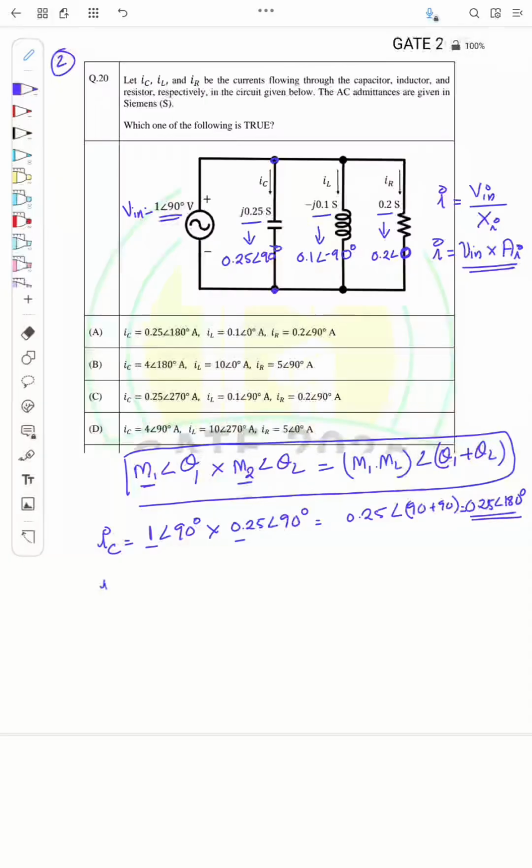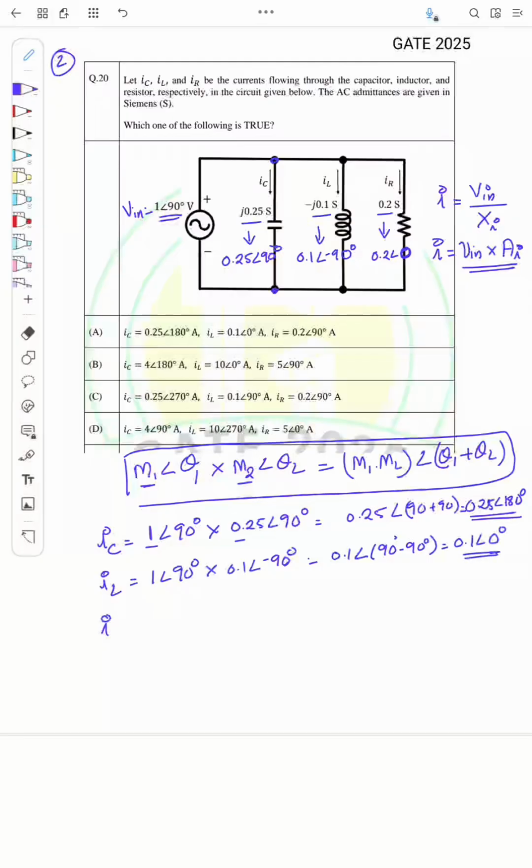Similarly the current IL, the current through the inductor, is given as the voltage across the inductor, 1 angle 90, into its admittance, 0.1 angle minus 90. So this is 1 into 0.1 is 0.1, angle 90 minus 90, so it is equal to 0.1 angle 0.